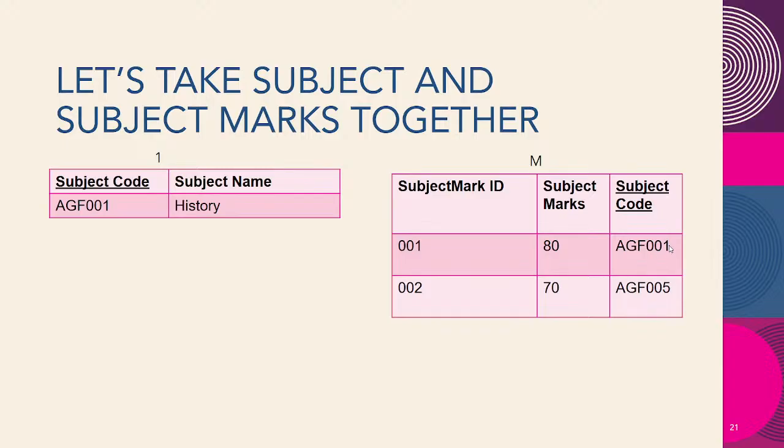So you will have multiple subject mark IDs for the same subject code. Here you can repeat the same subject code again and again, so that is why it is indicated as the same. This is how you can implement a one-to-many relationship in the table structure.